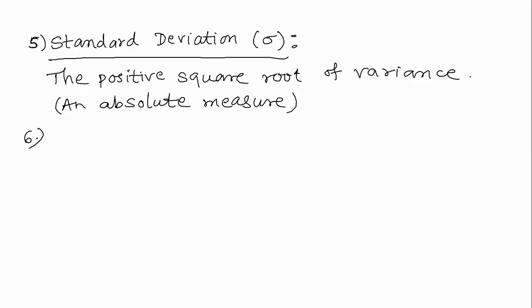Wonderful. Now, step by step, we have improved from 1 to 5th, and finally we have reached a very standard measure of dispersion or variation, and that is nothing but standard deviation.